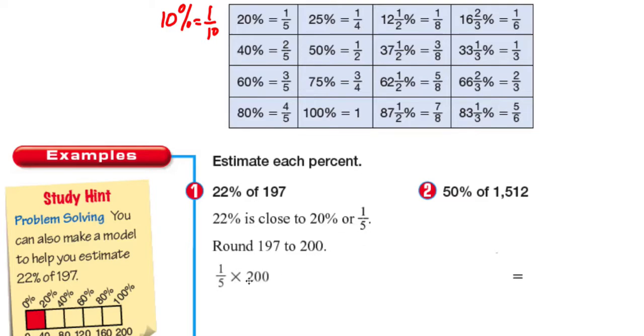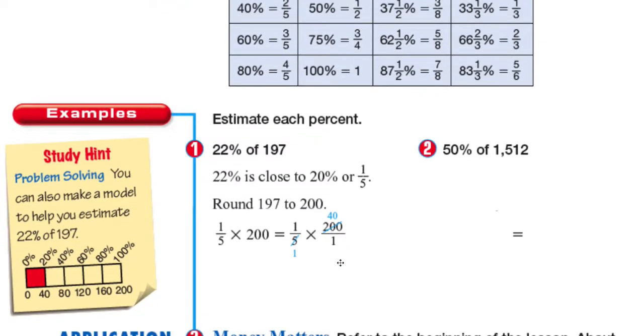So we have 1/5 times 200. We start cross canceling. The GCF of 5 and 200 is 5. 5 divided by 5 is 1. 200 divided by 5 is 40. We simply multiply 1 times 40, which is equal to 40. So 22% of 197 is about 40.